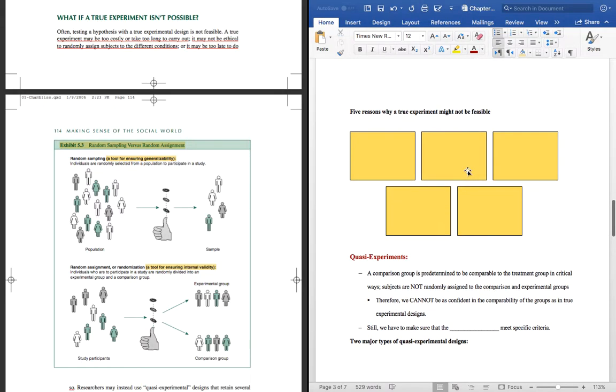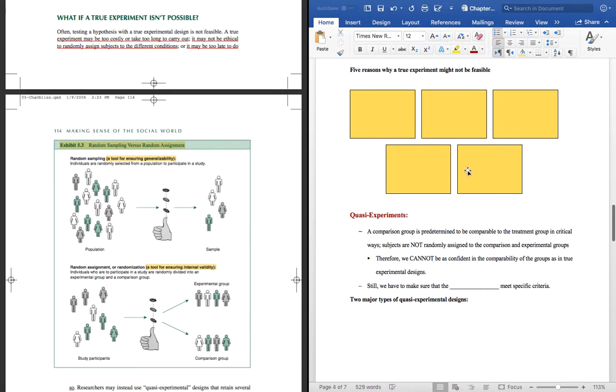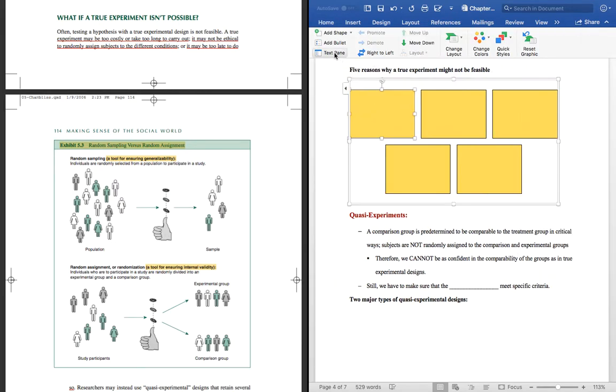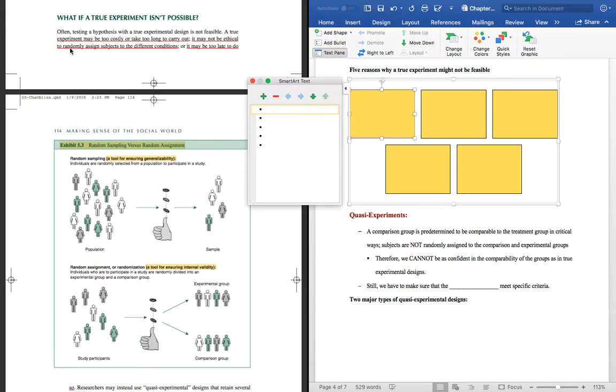Okay, so after learning about true experiments, there are 5 reasons why true experiments might not be feasible to do. Those reasons are here. I underlined them here in the article. First of all, the experiment may be too costly.